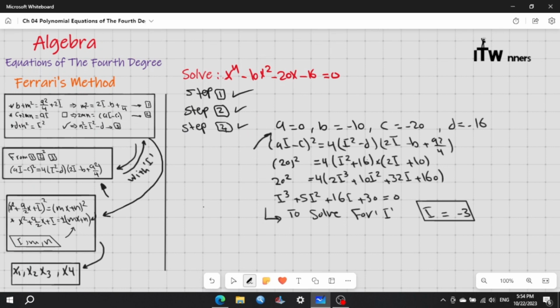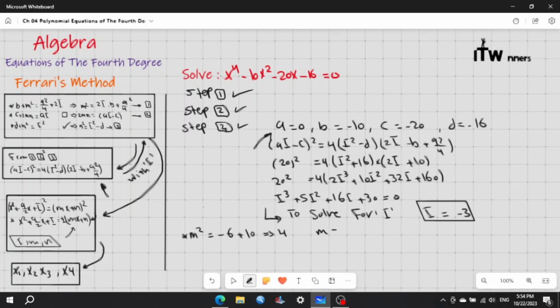Just go back to this equation to get m squared equal to 2I minus b plus a squared, which is negative 6 plus 10, and a equal to 0. So m squared equal to 4. Here we have m equal to plus or minus 2.